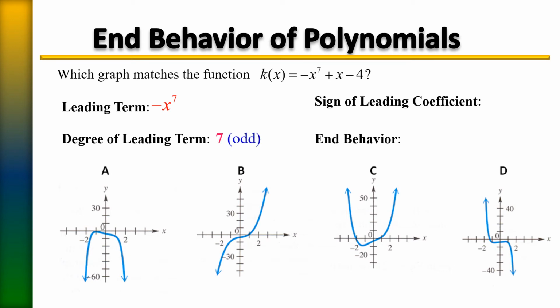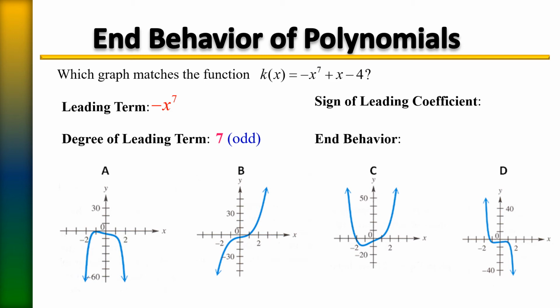Recall, odd polynomials will have an S shape, so we can automatically cancel out the graph choices of A and C because it cannot be that, because this is an odd polynomial. So to determine whether it's B or D, as to whether your graph from left to right is going to rise up or fall, that's going to depend on the sign of the leading coefficient.